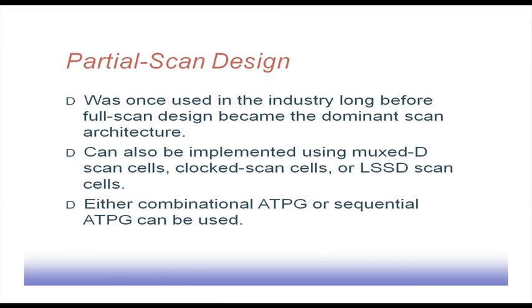So the patterns dedicated for testing combinational faults may also become sufficient for testing these types of faults, and many of them will get detected. Or we can use a sequential ATPG, which is more complex, for generating this type of test patterns.